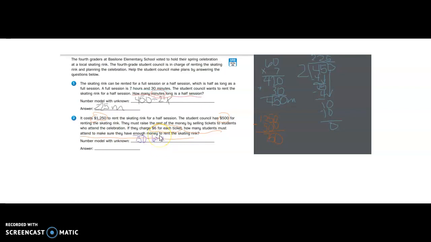The reason why I'm dividing is because I need to figure out how many tickets I'll need total to be able to reach that $750. So I have to divide 750 by 6 to see how many people are going to have to buy tickets at that price.